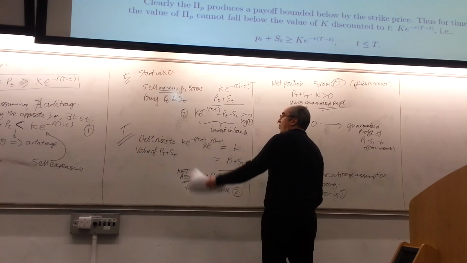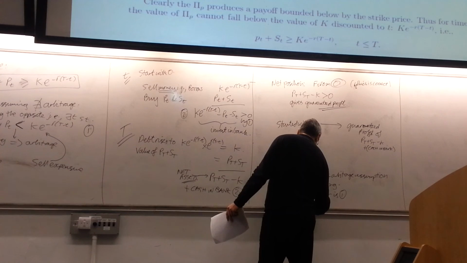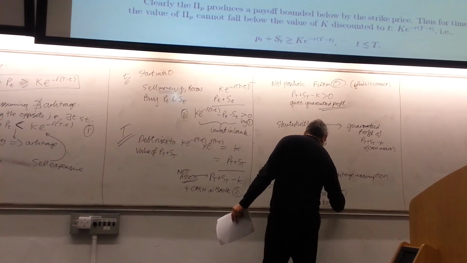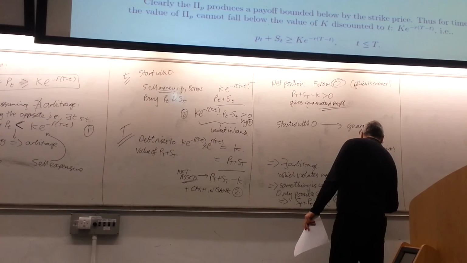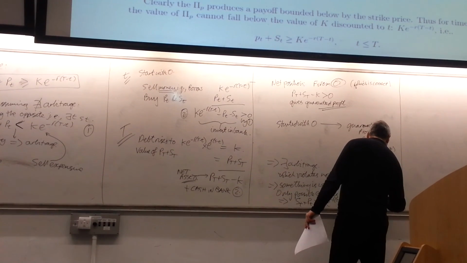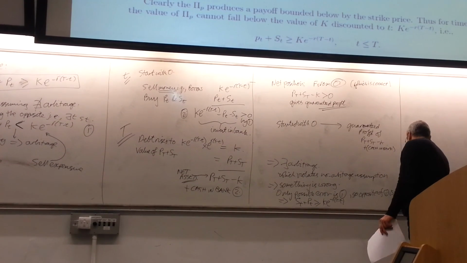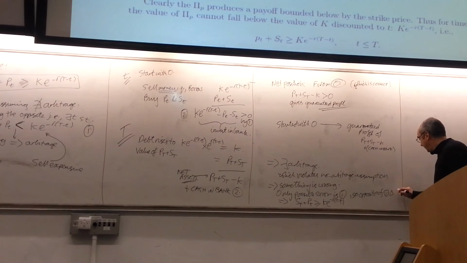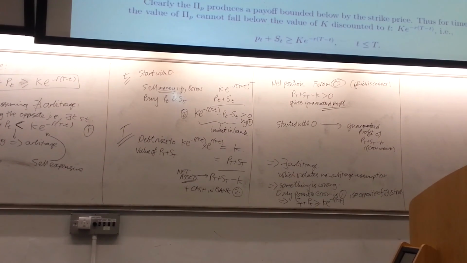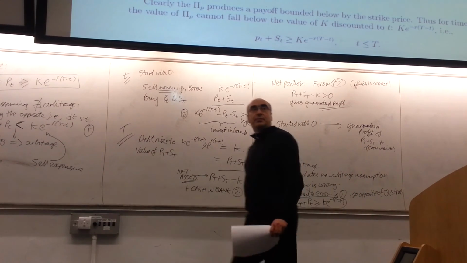So that implies that 1 is incorrect, so the opposite of 1 must be true, so that ST plus PT must be greater than or equal to K e to the minus R(T minus t). So the opposite of 1 is true. Okay? So that is essentially the argument to prove the lower bound on the put option.